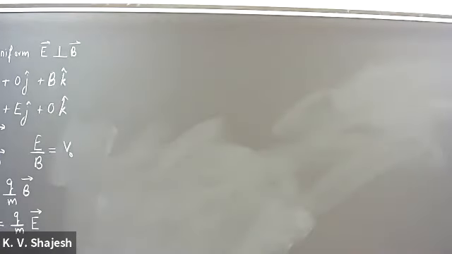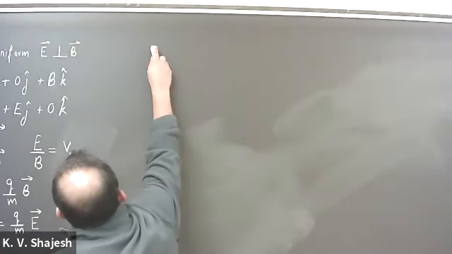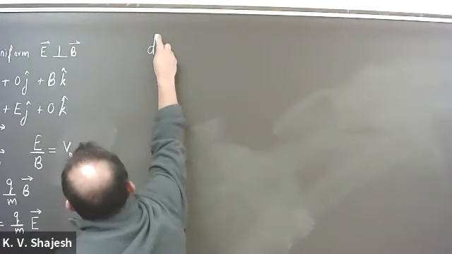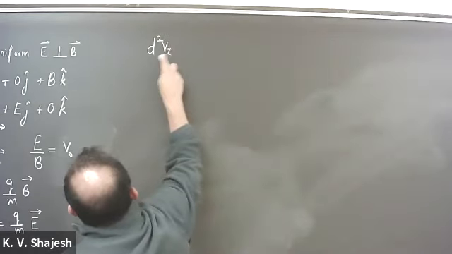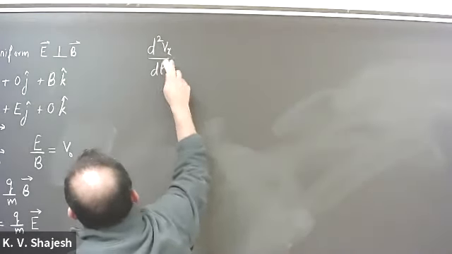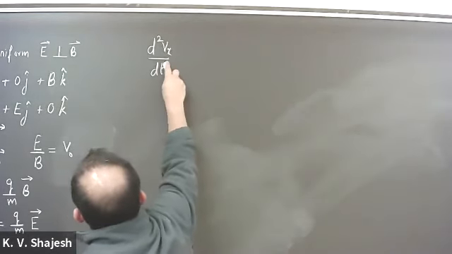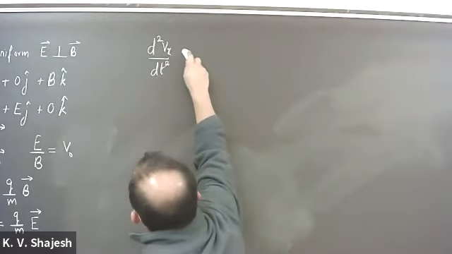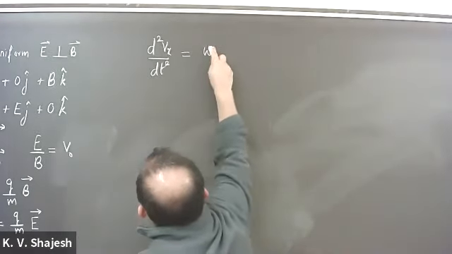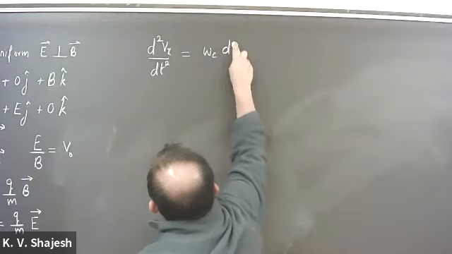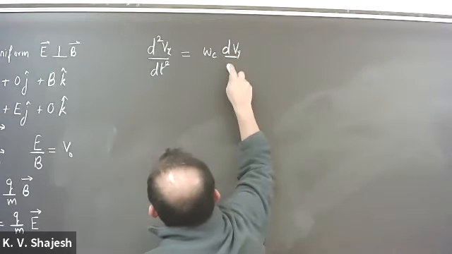Immediately we will try to substitute one into the other, or take the differentiation. So I start with the first equation and take the derivative with respect to time: d2vx over dt squared is equal to omega c times dvy over dt.